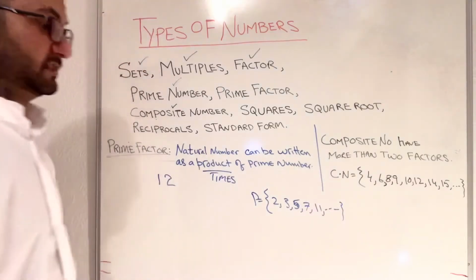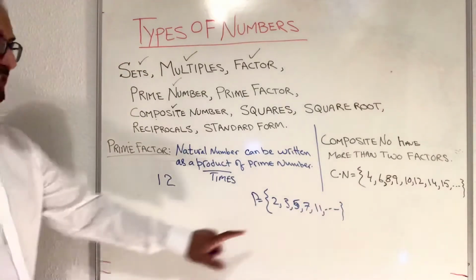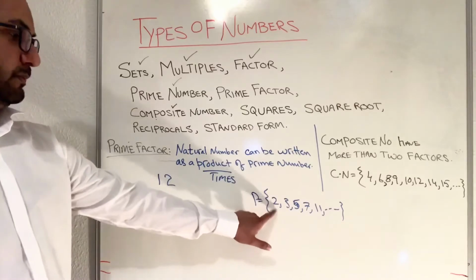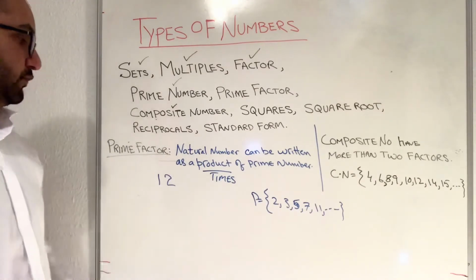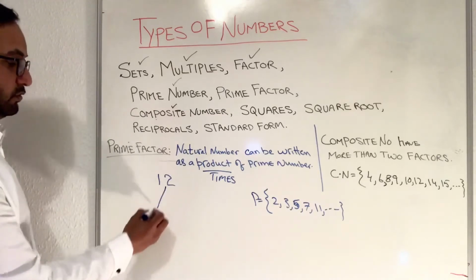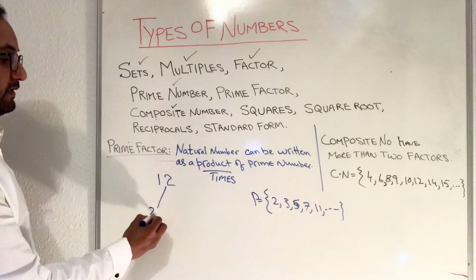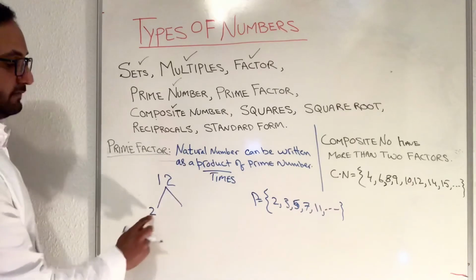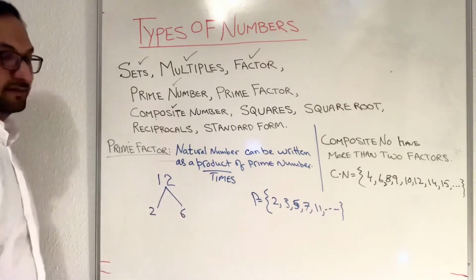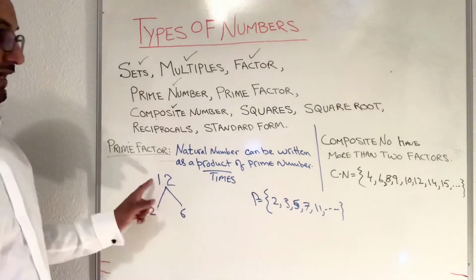These are the prime numbers. Select from the smallest one. Can 2 divide 12? If it can, we use 2. So 2 can divide 12. 2 times which number gives 12? 2 times 6. 2 times 6 we get 12.